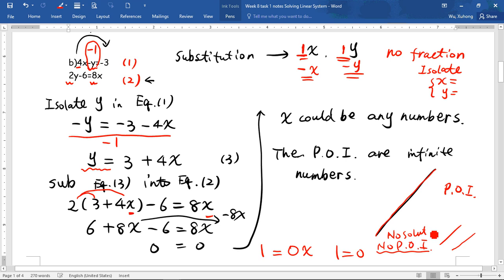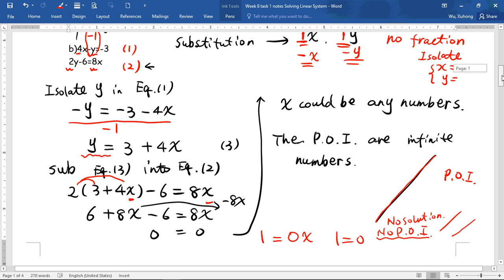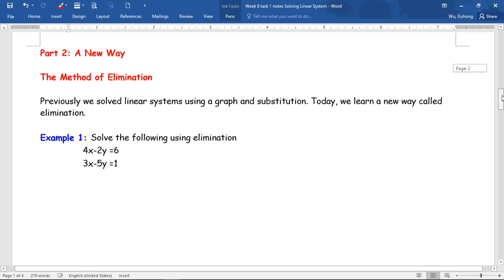But on your question, I don't think we are going to have any questions like this. You will have some questions, you will be able to find the x and y values, okay? And from these two questions, you have seen that always we have either 1x, 1y, or negative 1x, negative 1y for the question, and you will see the next question.